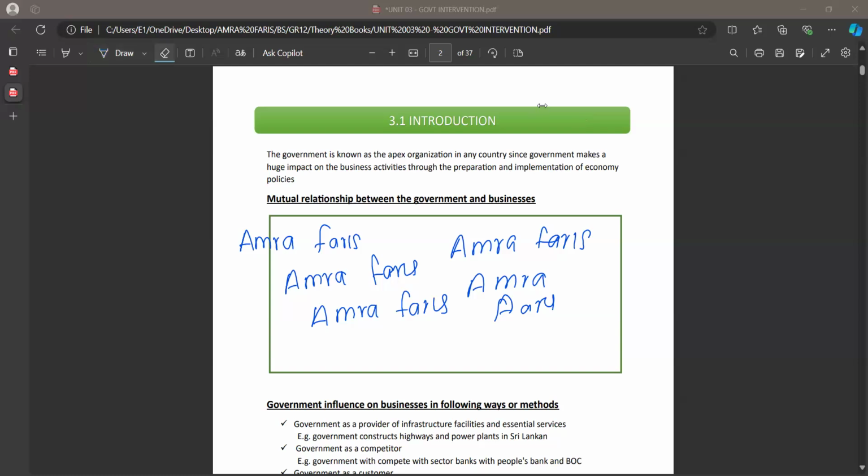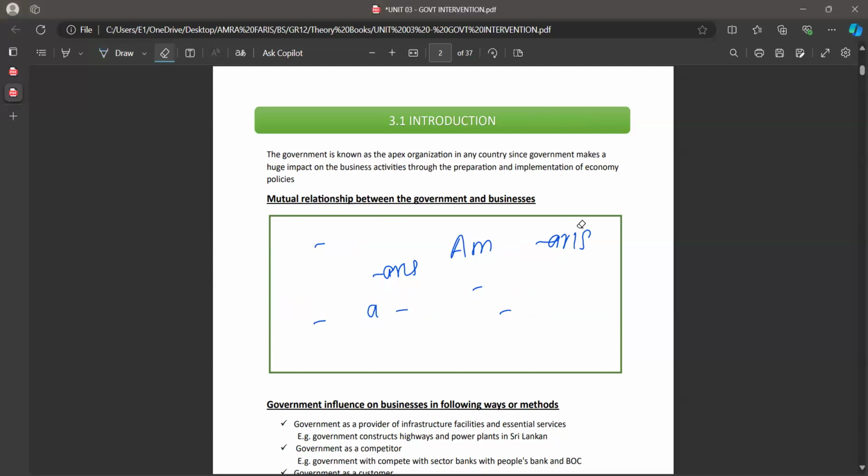All right, children, let's start. Listen very carefully. This is a tested question and an important part of this chapter: the mutual relationship between the government and business. First of all, there are English problems with certain students, so I want to ask you a question.